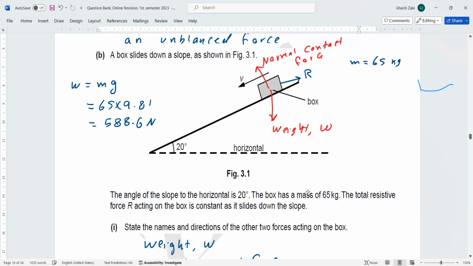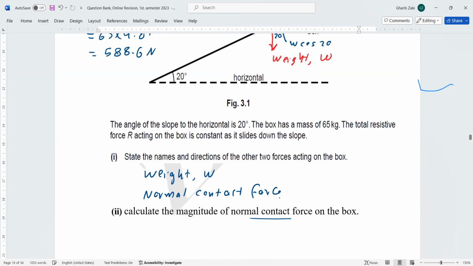This is the weight. When we resolve W, this angle is 20, so the normal contact force, sometimes denoted by R, is W cosine 20. W is 588.6 multiplied by cosine 20, which is 553.1 Newton. This is the normal contact force.